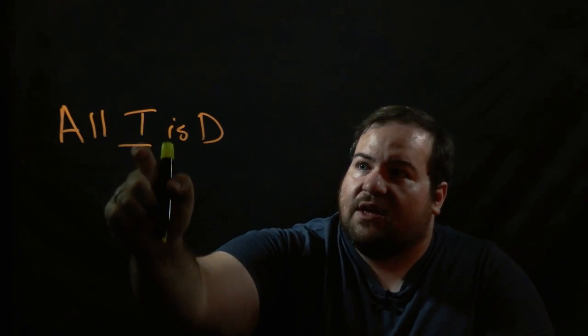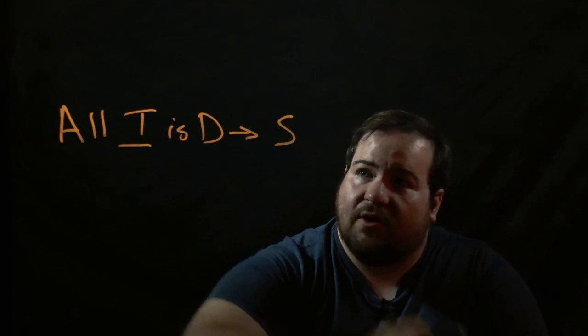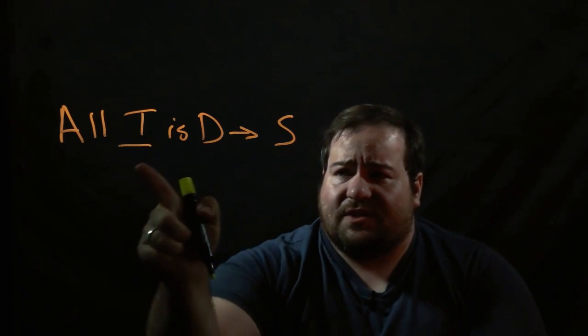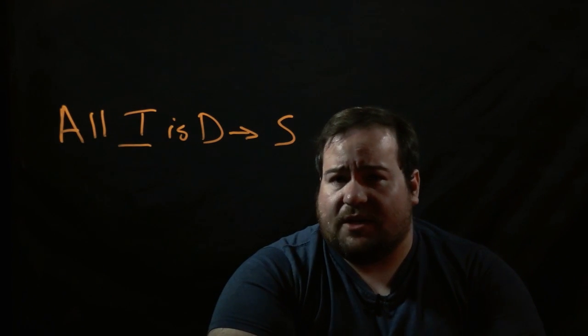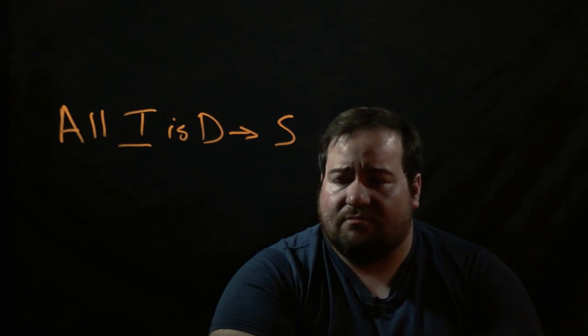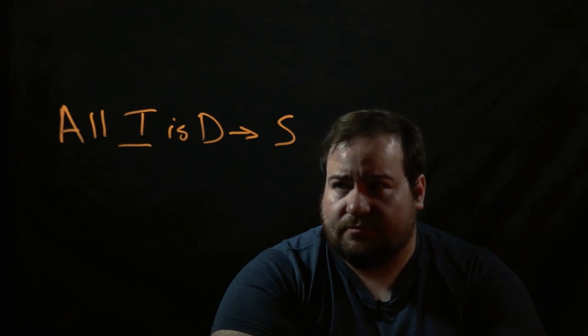In other words, in an all statement, the subject term is distributed, because taco here is the subject term, right? Now, why is the subject term and not the predicate term distributed? Well, tacos aren't the only thing that are delicious. You know, cinnamon rolls are also delicious.